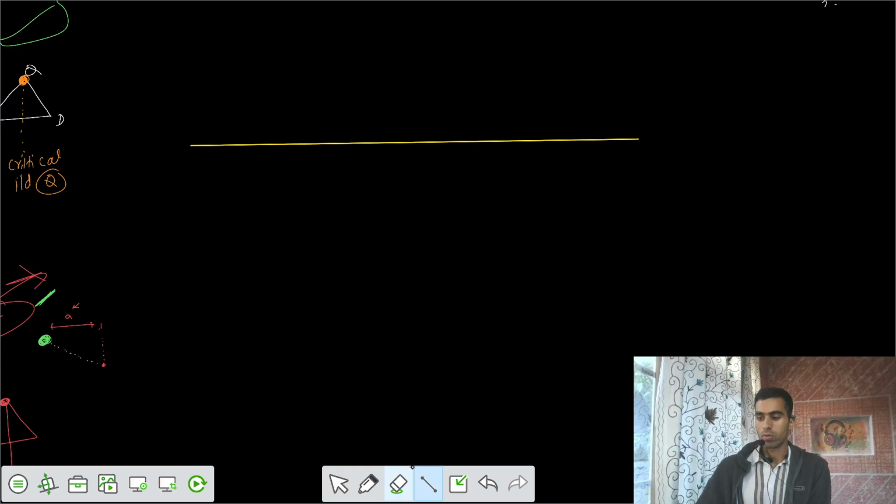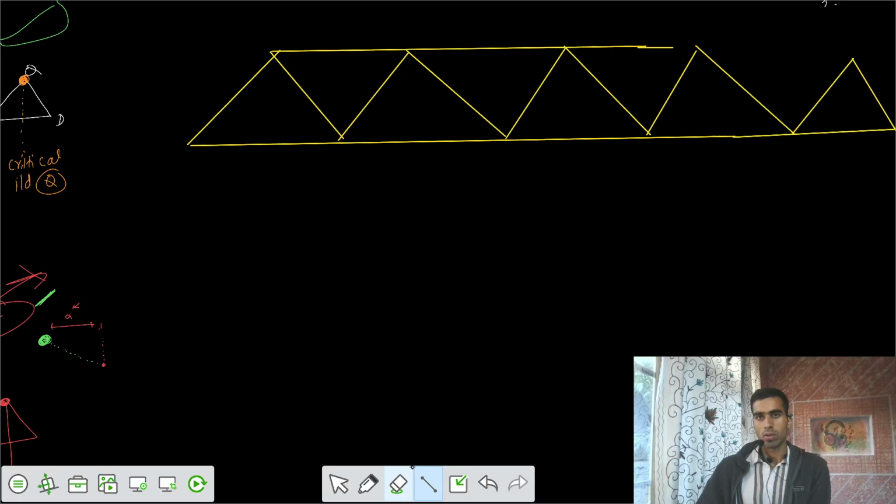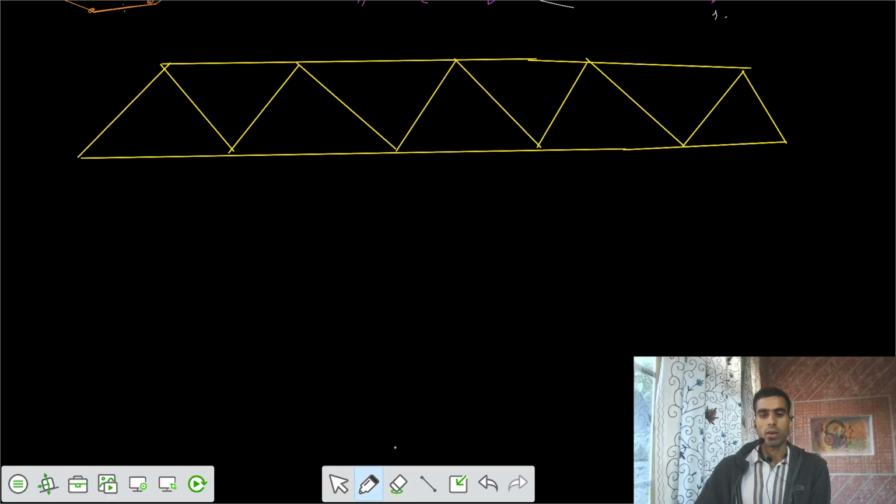All members are of equal length. Let's say this is A, this is B, and length L equals 5A, and there we have P, Q, R, A, B, C, D, and the loading is through type.